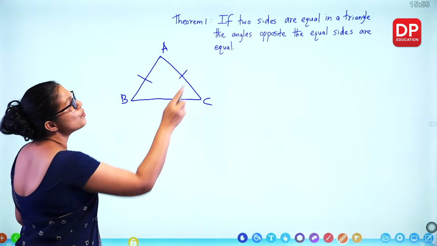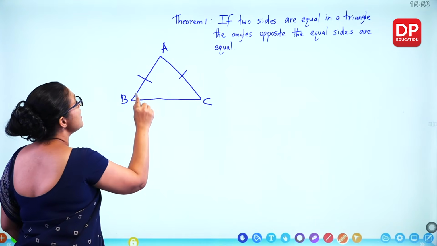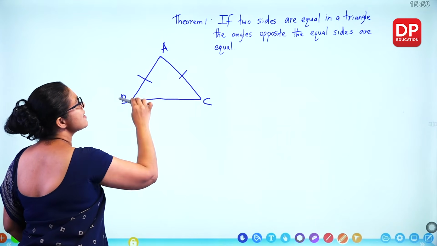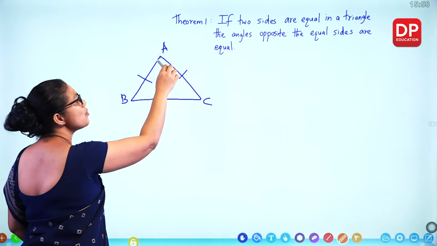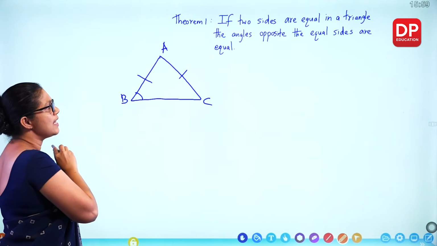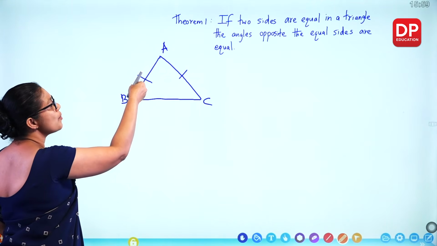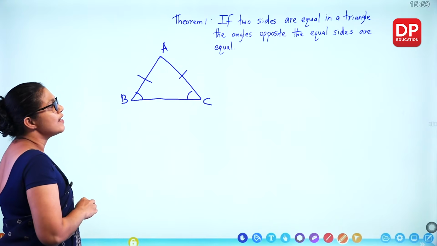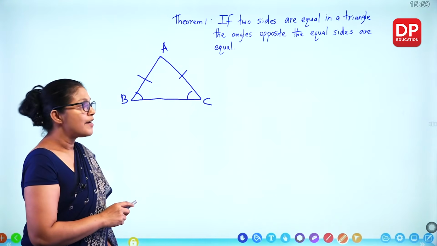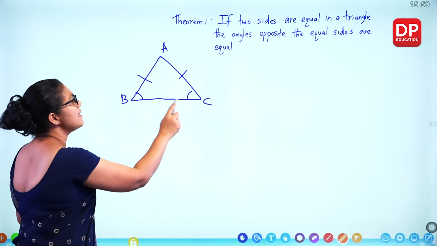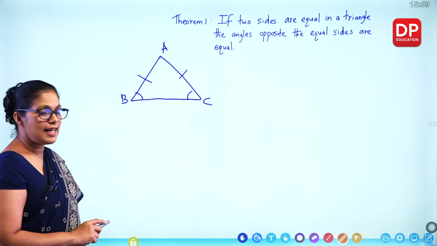And we want to find the angles opposite to the equal sides. What is the opposite angle to AC? That's B. What's the opposite angle to AB? That's C. So according to the theorem, angle B and angle C are equal.